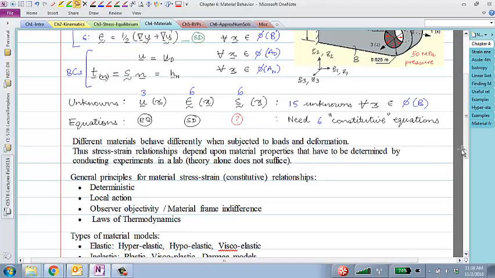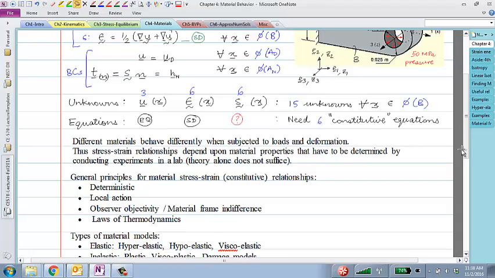But what people did was to try to identify classes of materials that behave similarly, and then find certain material properties that would help them model the material behavior so that they can relate stress and strain.